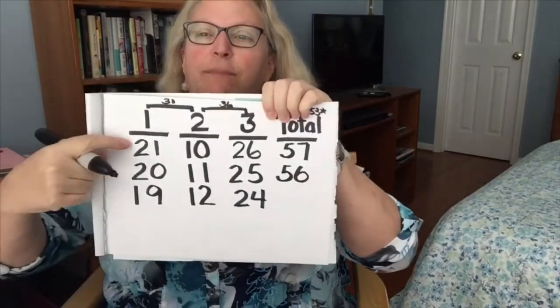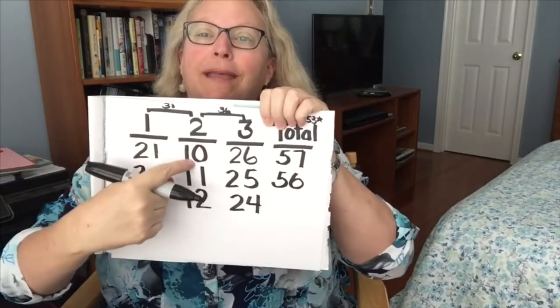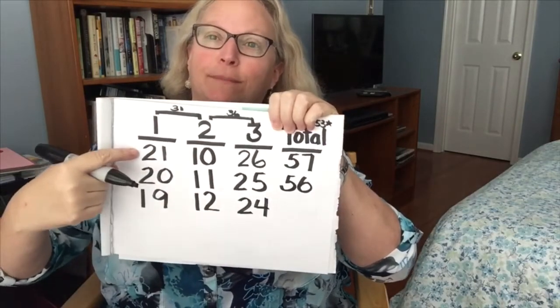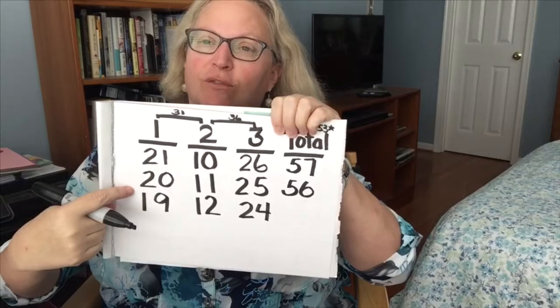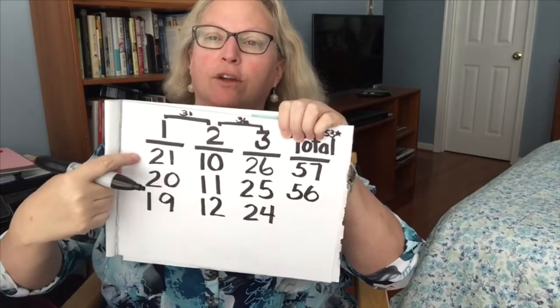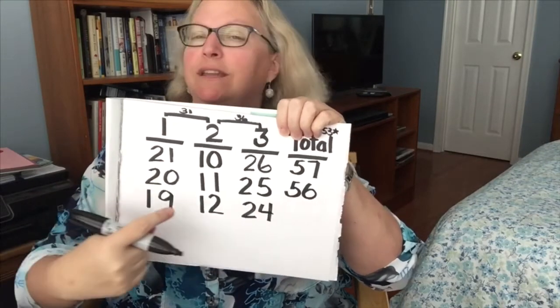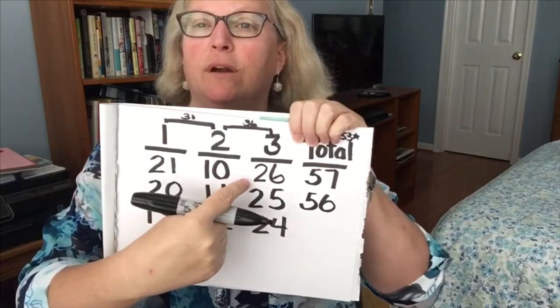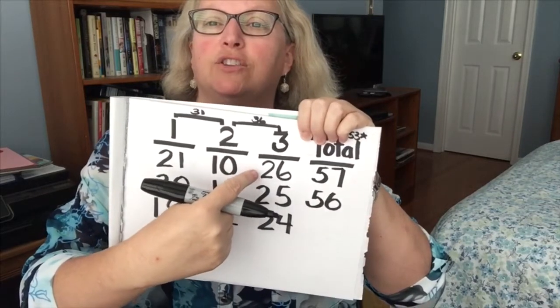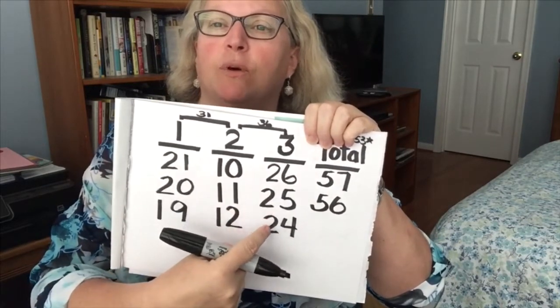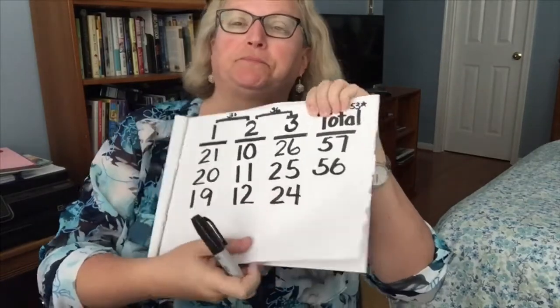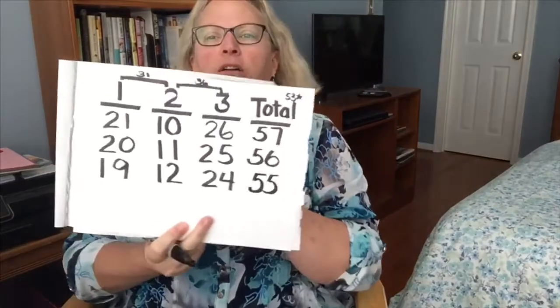And you'll see there's a nice pattern being established because I made my guesses have a pattern. That means the number of glasses on shelf 1 fall into a pattern. 21, 20, 19. The same thing happens with number 3. You've got 26, 25, 24. And you end up with a total of 55 glasses on all 3 shelves.